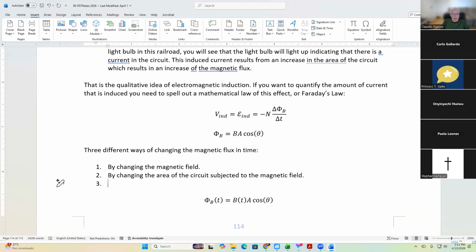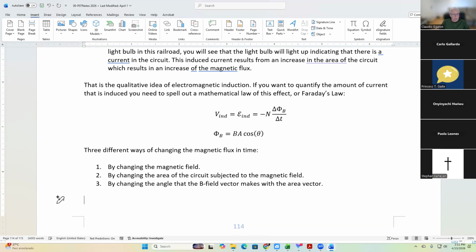Three, and this is a little bit more difficult to visualize, by changing the angle that the B field vector makes with the area vector.